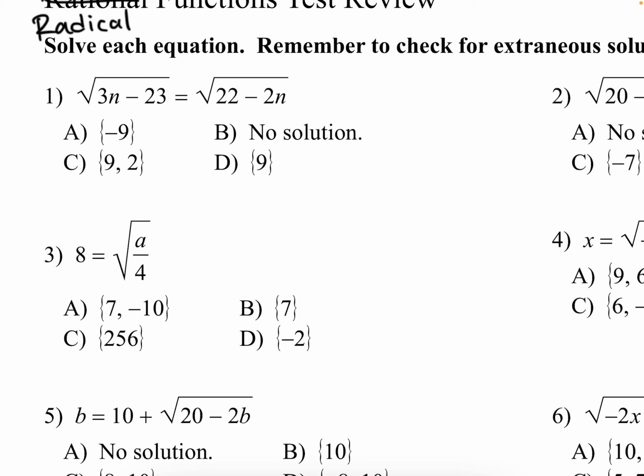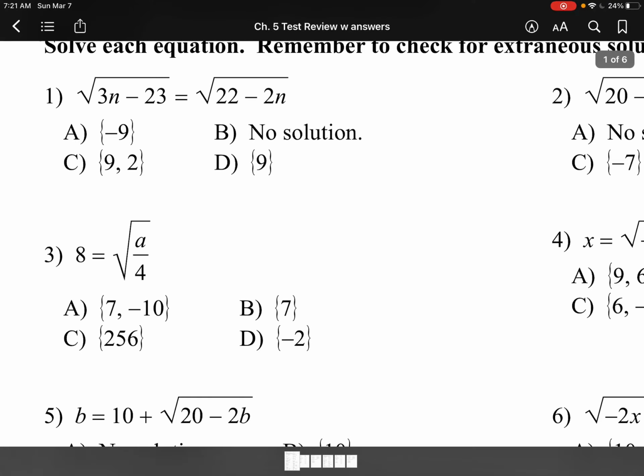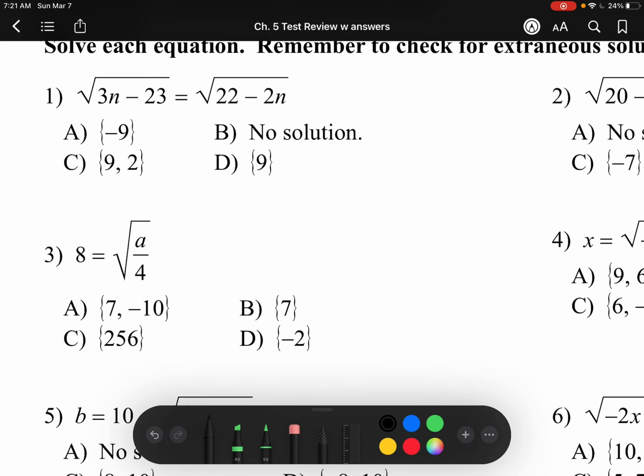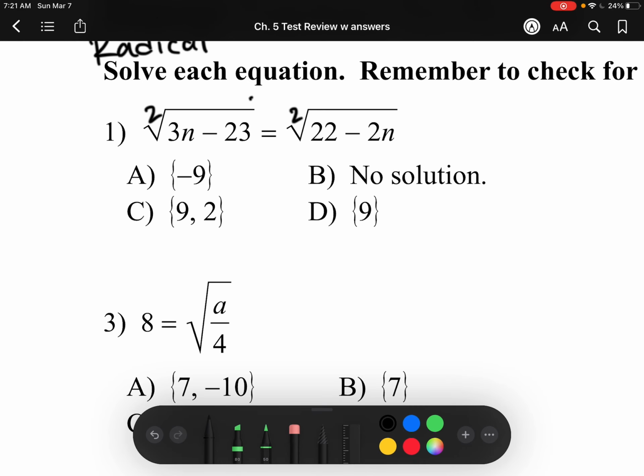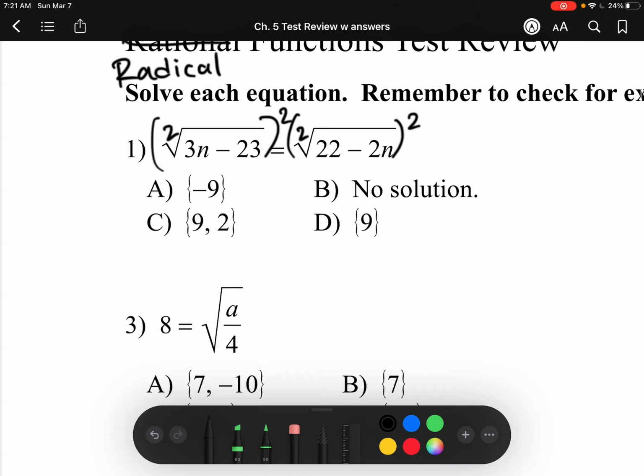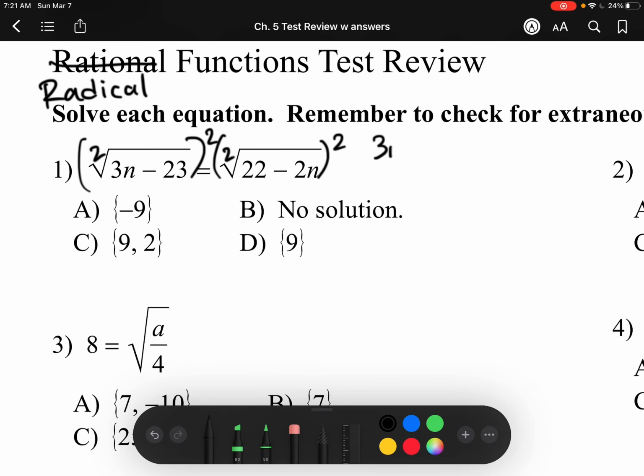So what we can do is raise both sides of the equation to the exponent that matches the index. Our index here is 2. Remember, when you don't see an index, the index is 2. So we can raise both sides to the second power. And what happens when we do that, it gets rid of our radical. So then we're left with just 3n minus 23 is equal to 22 minus 2n.